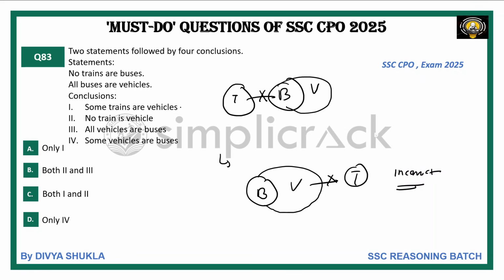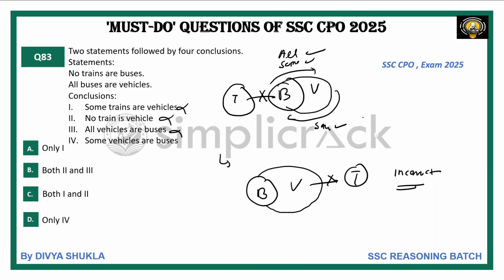Conclusion: some trains are vehicles. Incorrect. Why? Because you can say that there is no direct relation between trains and vehicles. No train is vehicle. Again incorrect. All vehicles are buses. Incorrect. Why? I have always told you that if you are going from inside to outside, all and some both are correct, but when you are coming from outside to inside, only some is correct.